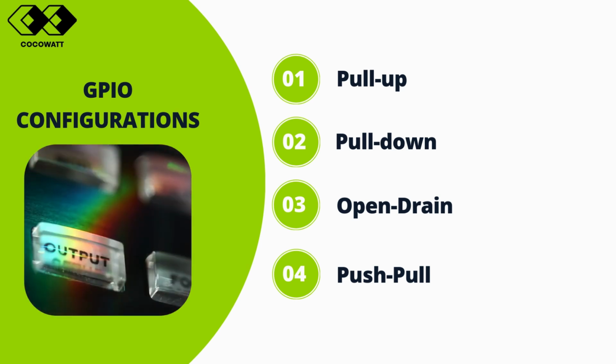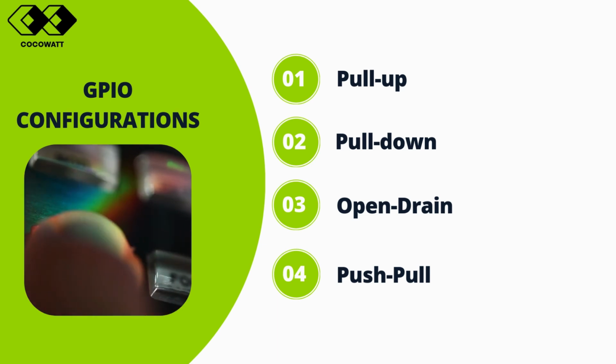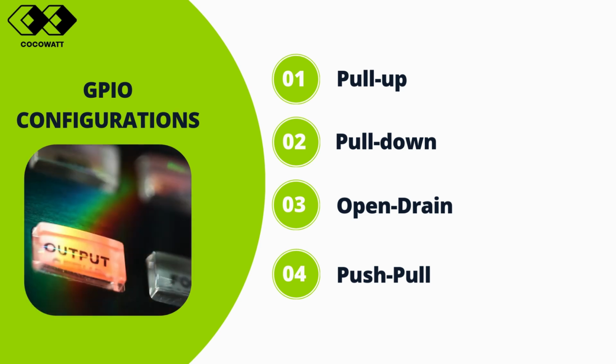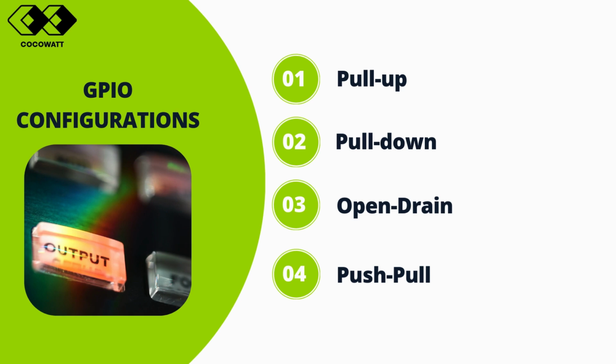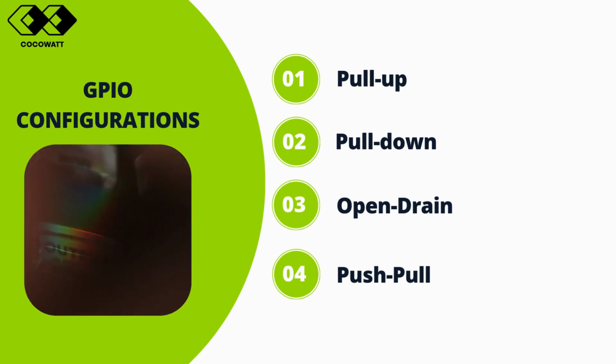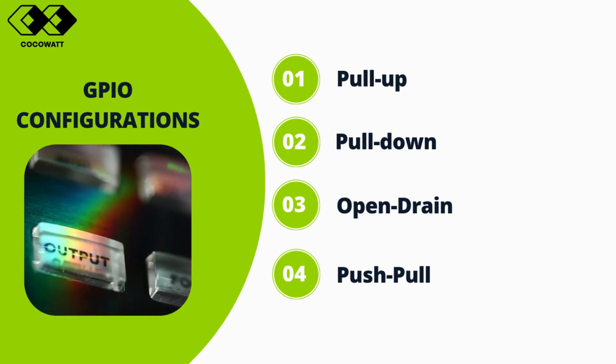Imagine you are designing a security system with motion sensors. If the sensor output is left floating when no motion is detected, the system might trigger false alarms. To avoid this, we use pull-up and pull-down resistors to ensure the GPIO pin stays in a known state when no active signal is present.